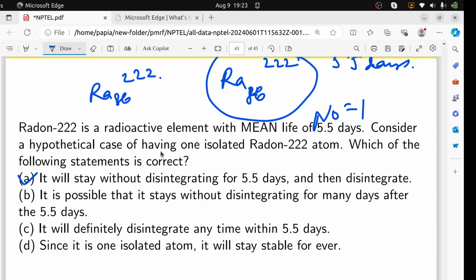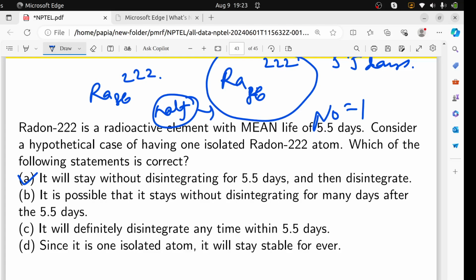Okay, just a minute. If it is a half-life, let's say half-life is 5.5 days, then 0.5 will decay within 5.5 days, and after 5.5 days the rest will decay. As the number of particles is only 1, it will not decay within 5.5 days, and it will decay after 5.5 days if we are talking about half-life.